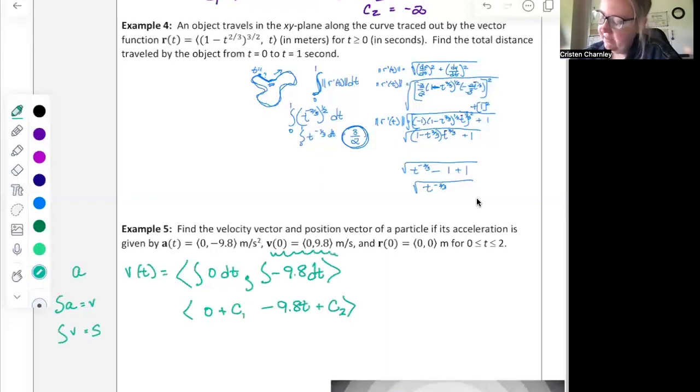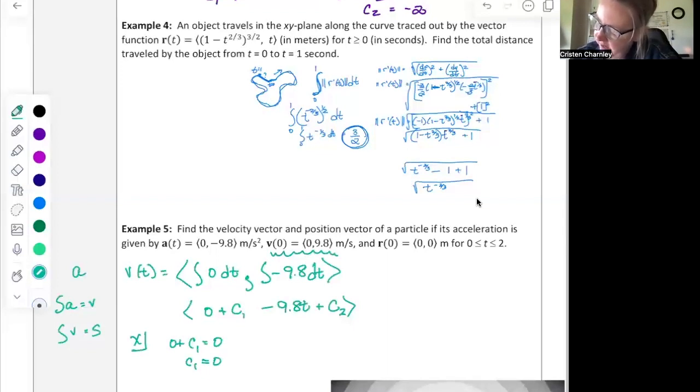Now, this is where we use v sub 0. They gave us that information already. So 0 goes in place of the t. If we do the x component, we're going to have 0 plus c1 is equal to 0. So c1 is equal to 0. That's convenient.